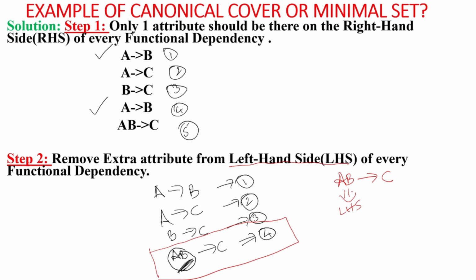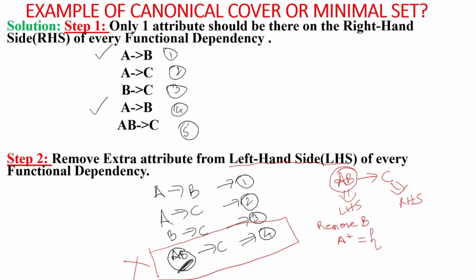Now consider only this AB part, and from the AB on the LHS, remove B and just find the closure of A. If in A's closure, even after removing B, B is coming, then B is extra. So find A's closure using the functional dependencies. Don't consider this fourth functional dependency, because it is the one for which we are finding the extra attribute.